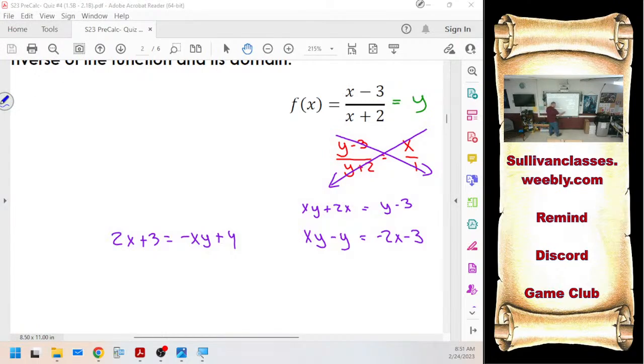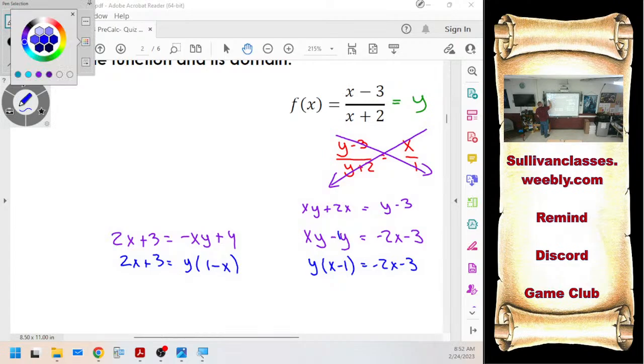Factor the y out. Because if I have xy's minus 1y's, I have x minus 1 y's. See how they're almost the same thing. One's just a negation of the other.